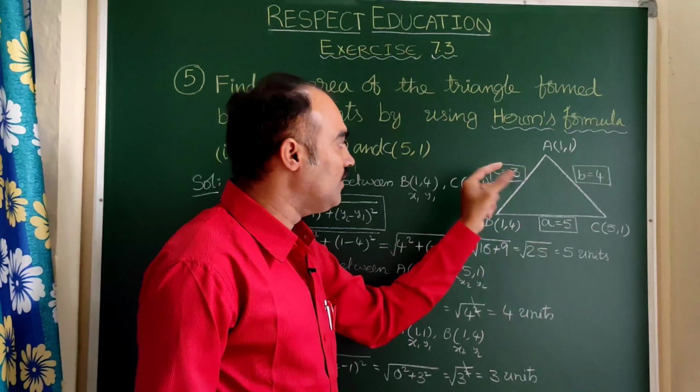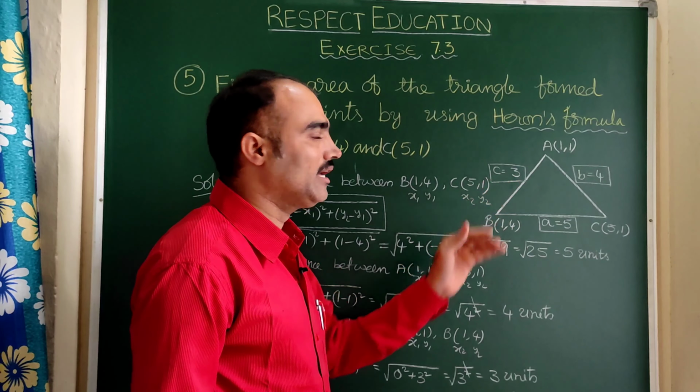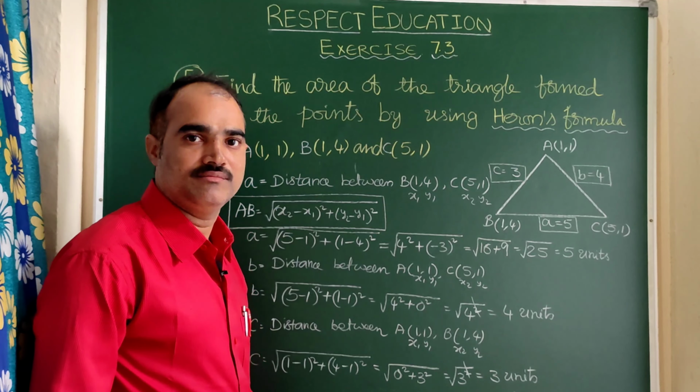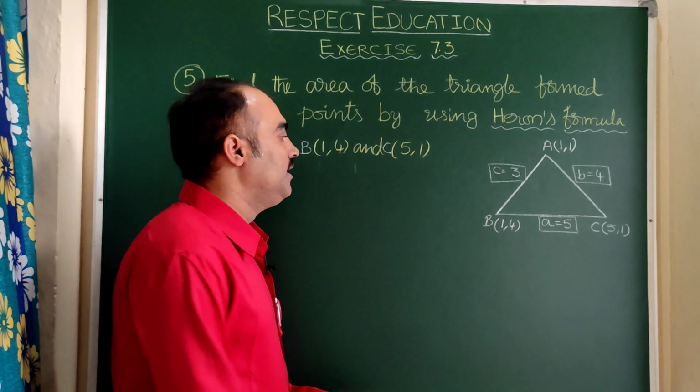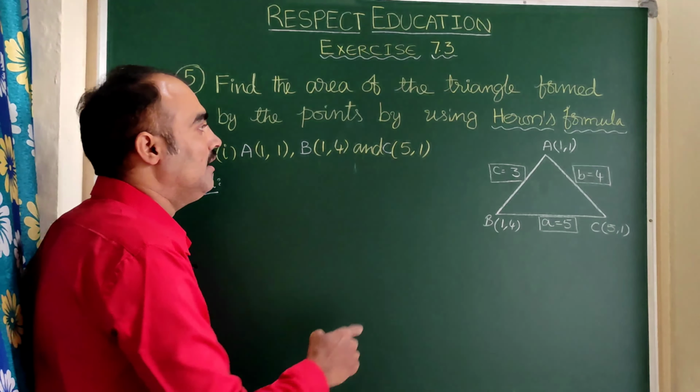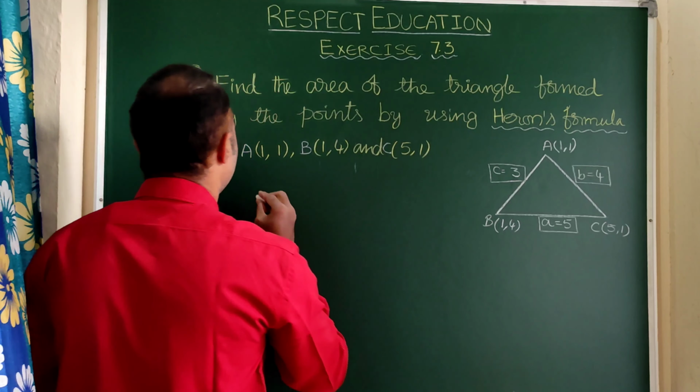By using these values, we are going to apply Heron's formula to find the area of the triangle ABC. Now, as we got A, B and C values, this is the stage we have to introduce Heron's formula.